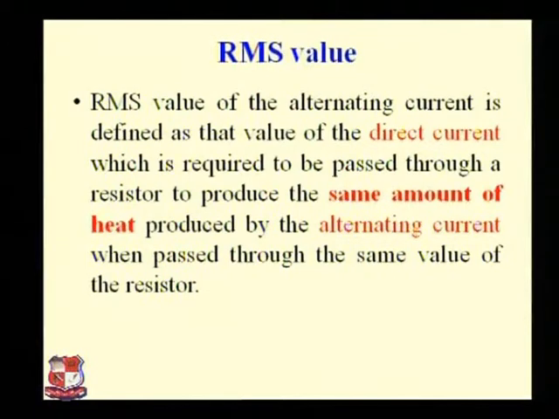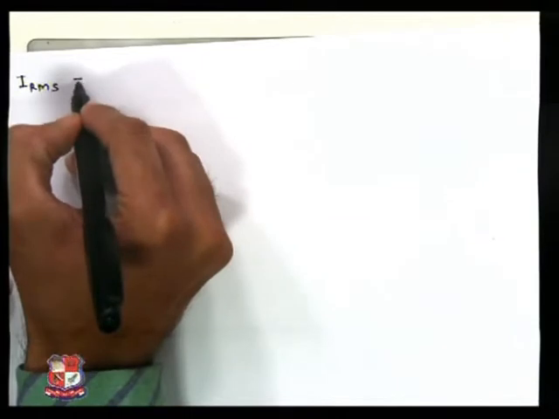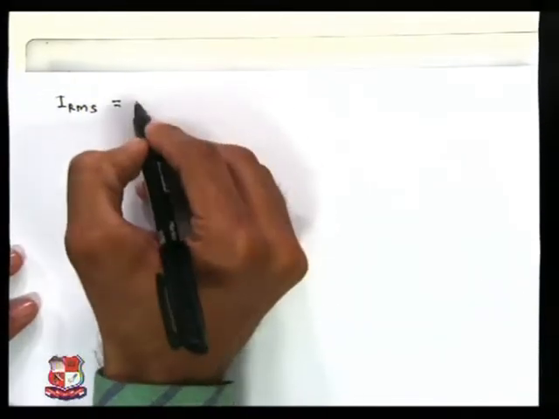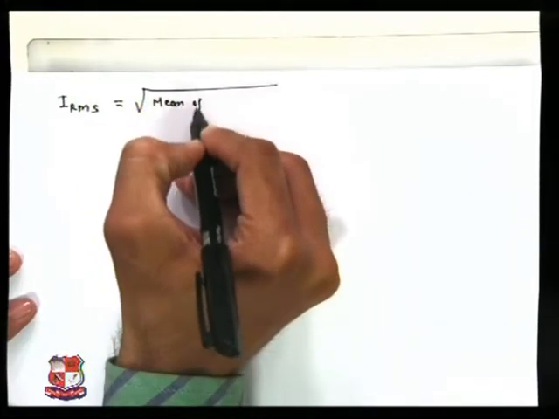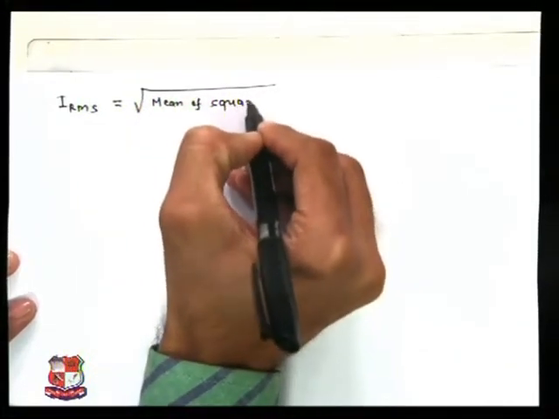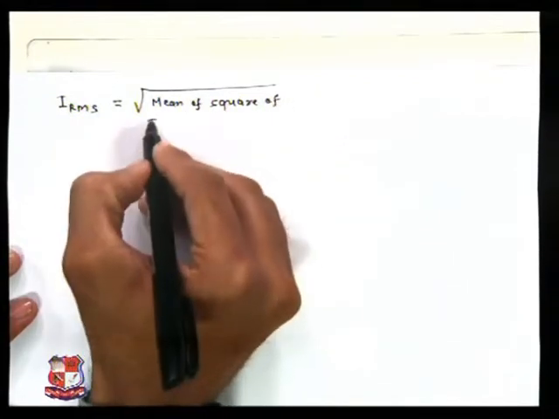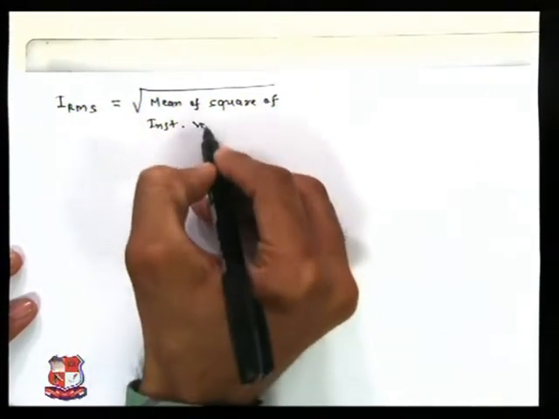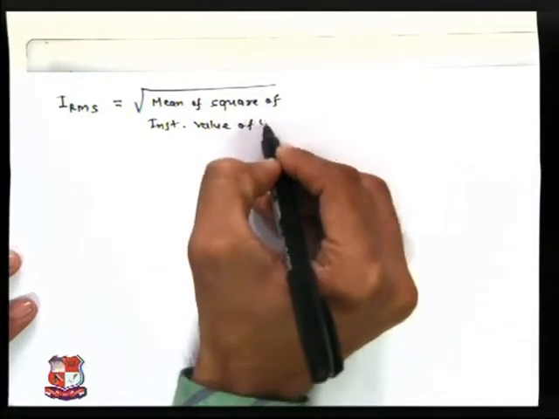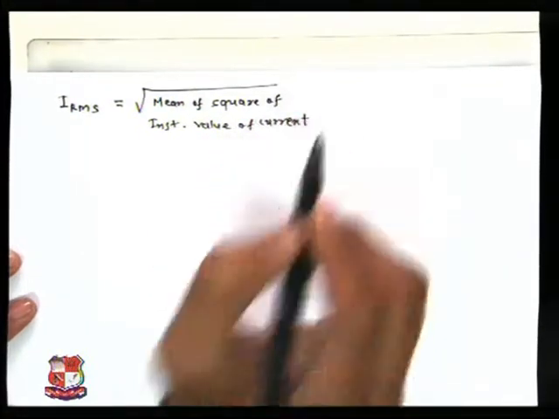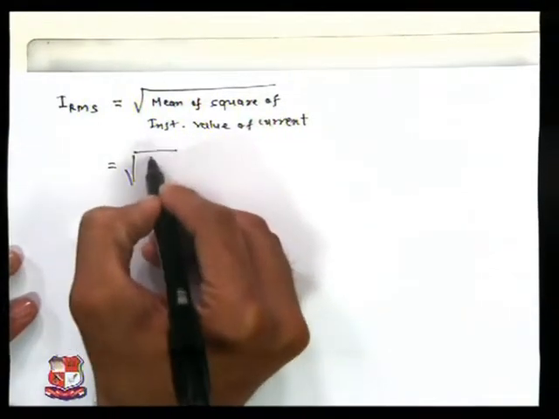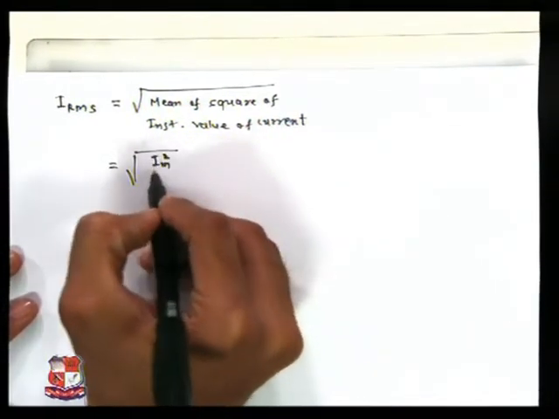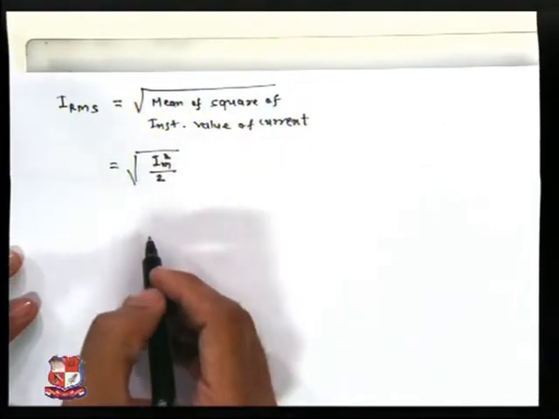So I RMS equal to under root of mean of square of instantaneous value of current, which I got earlier, and it is Im square upon 2.